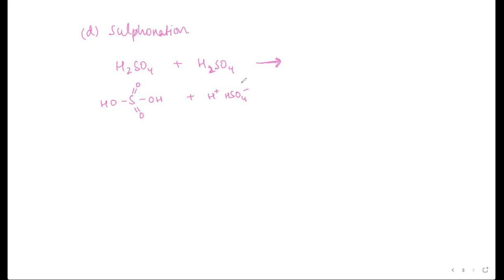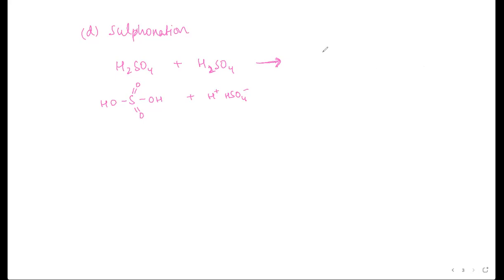Tell me what happens now. You can tell me what the products are, along with which is the electrophile and what is formed along with it.